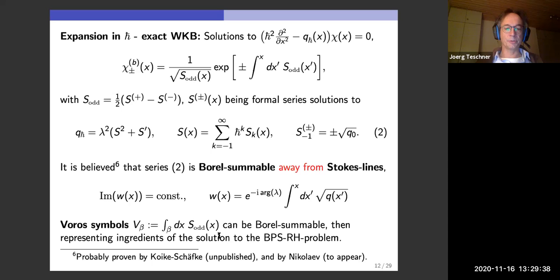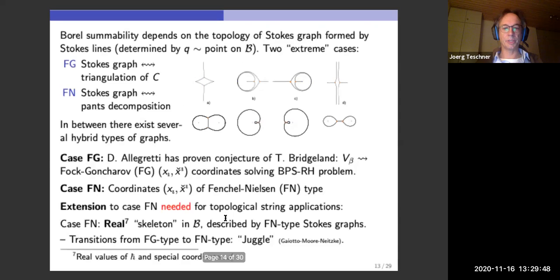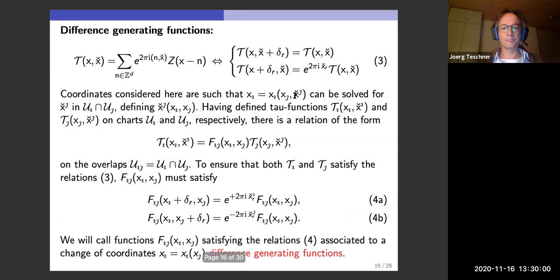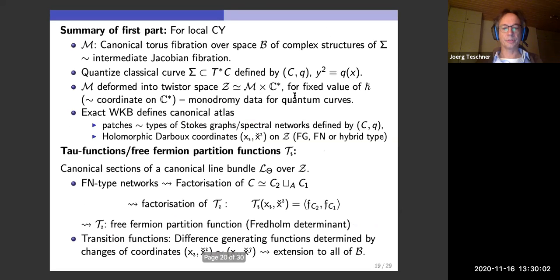From the Voros symbols, they are by their definition already functions on our moduli space. And if we're clever enough, we can use the combinatorics of these graphs in order to define coordinate systems. For each type of these graphs, we're getting a coordinate system on the underlying moduli space M. So these are the coordinates.